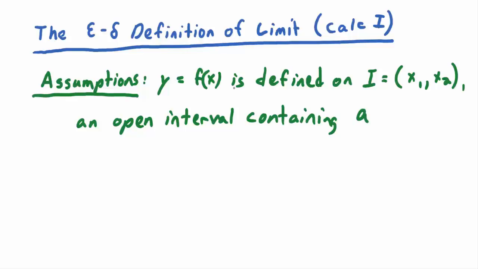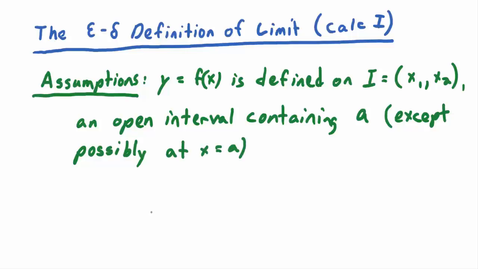So y equals f of x is defined on I, an open interval containing a. Now, y equals f of x may not be defined at a itself, so we'll say, except possibly at x equals a.